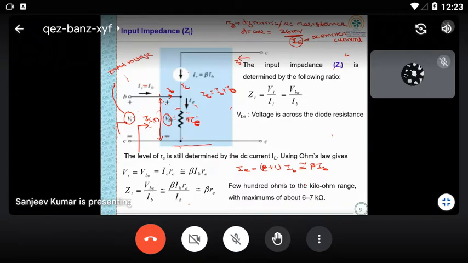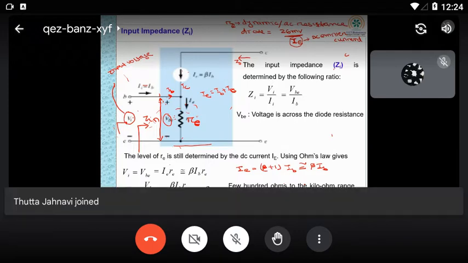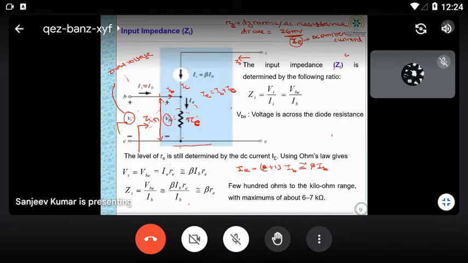It will be provided in the data sheet, because based upon the RE value or beta value, you can decide what the impedance value should be. This is the approach to calculate the input impedance in a common emitter configuration.